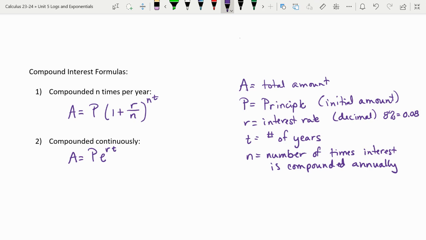If you would like to see the derivation of these equations, you can let me know and we can go through that. But usually I've found taking the time to derive it is just more confusing at this moment in time than just understanding that these formulas are derived through the calculus.